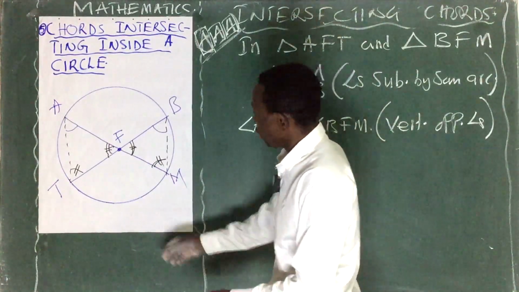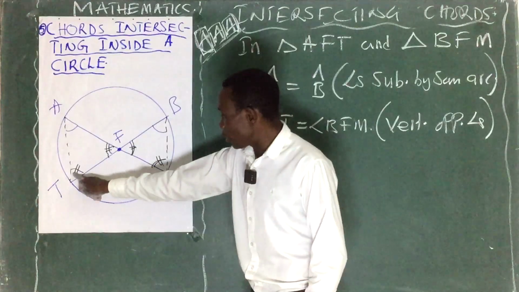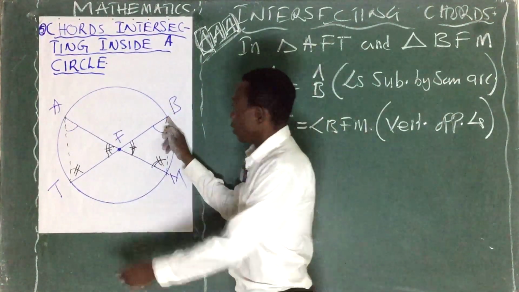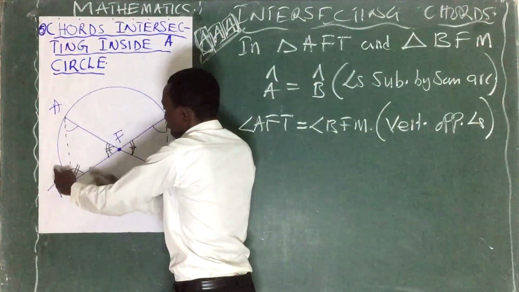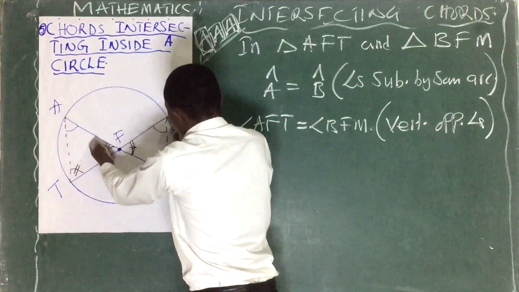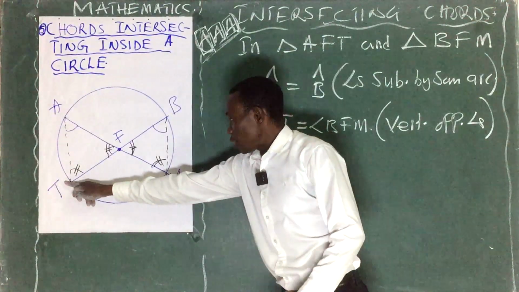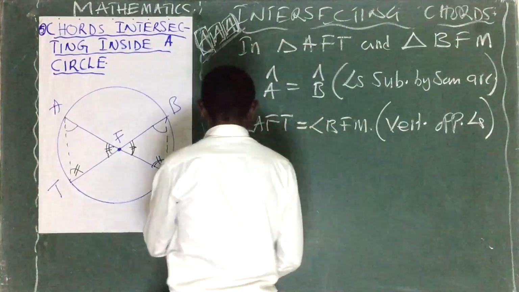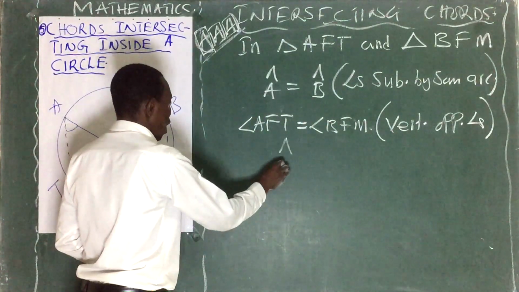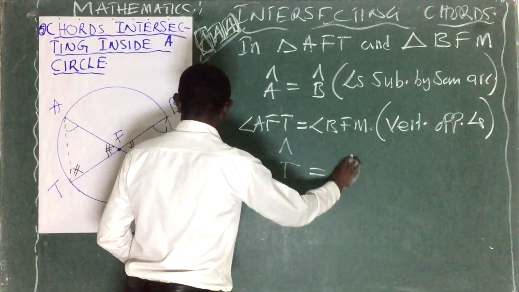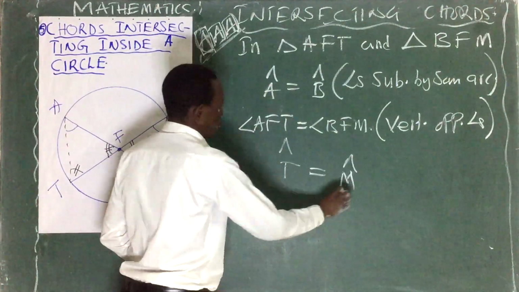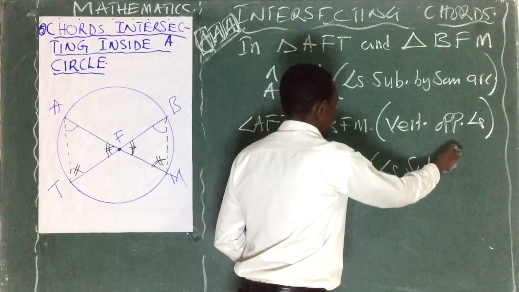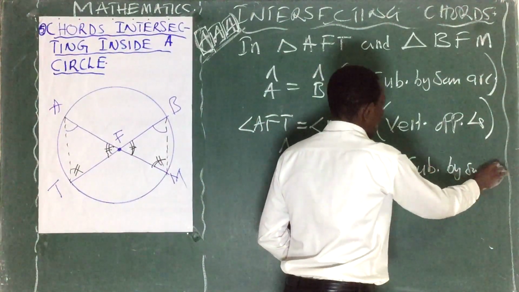The angles at T and M are both subtended by the arc AB. Arc AB subtends an angle at T, and arc AB subtends an angle at M. So we expect angle T to be equal to angle M. We write angle T is equal to angle M. Reason: angles subtended by the same arc.